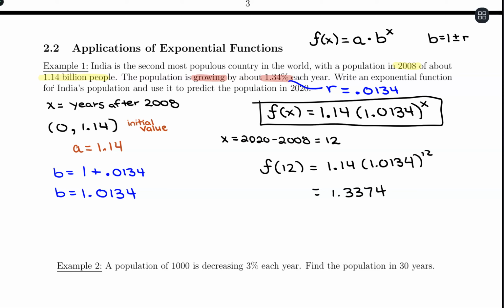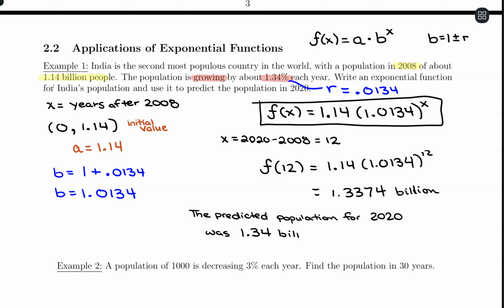And keep in mind, that's our population, and that's in billions. So the predicted population for 2020, it doesn't make much sense because 2020 is past now, but the predicted population for 2020 was, I'm going to round that to 2 decimal places, 1.34 billion people.